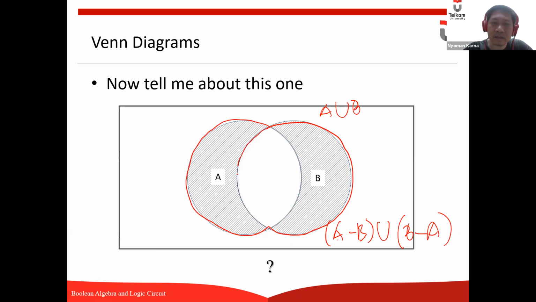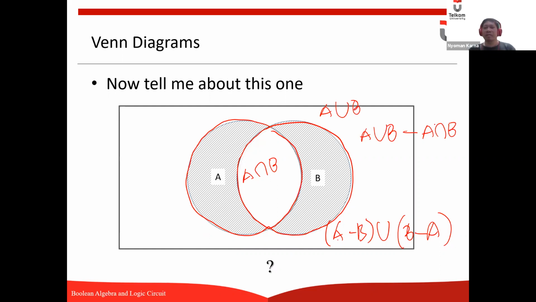And this part is A intersect B. So we can tell that this diagram is A union B minus A intersect B. So we have two different ways to describe this diagram.